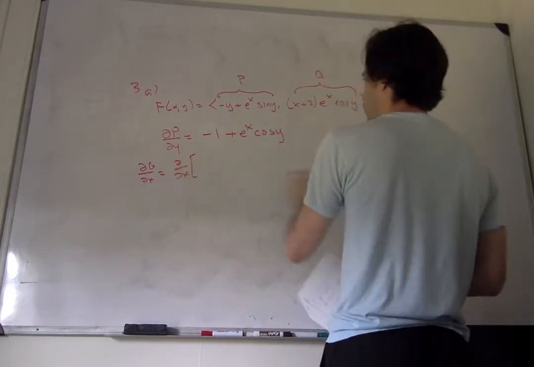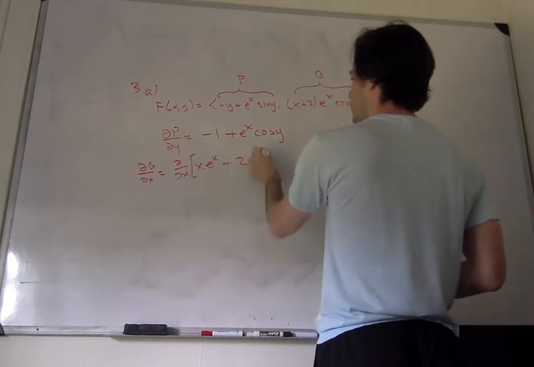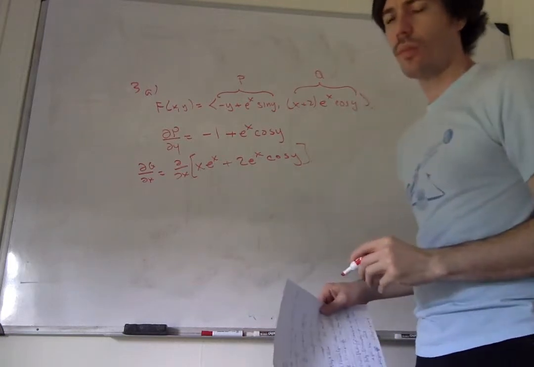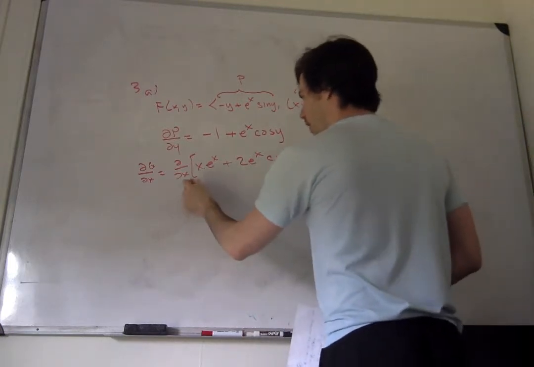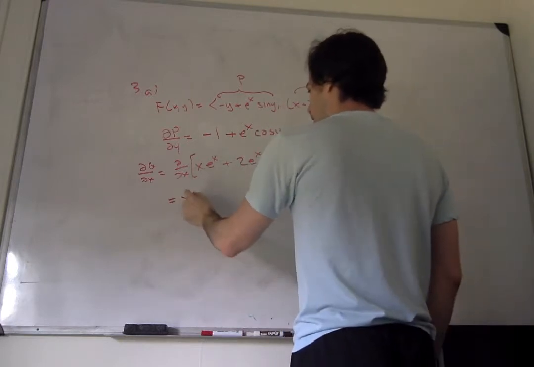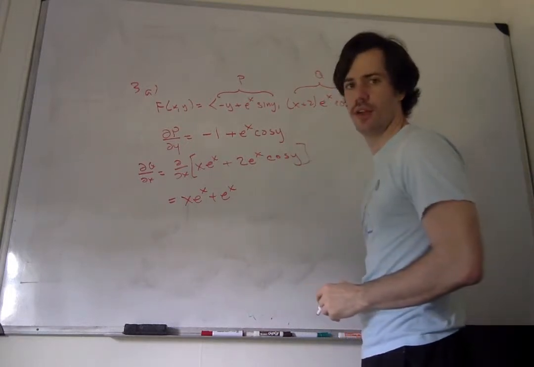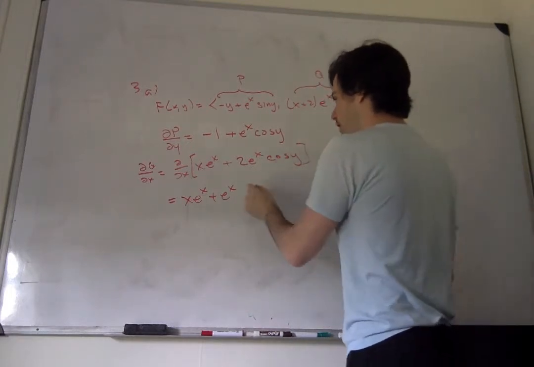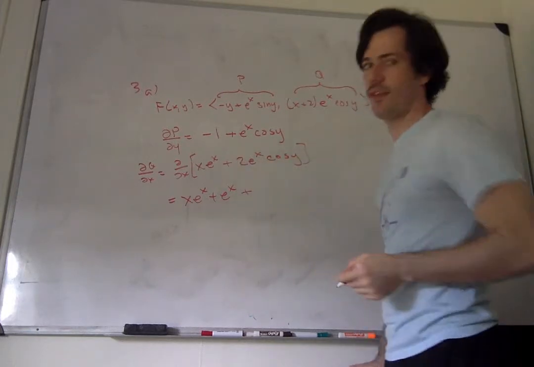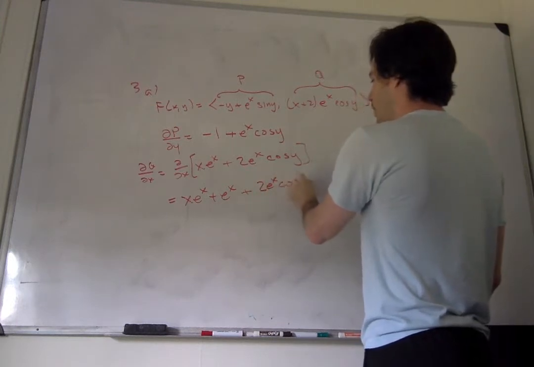I'm going to act on this, so let's simplify it: x e to the x plus 2 e to the x cosine y. When I apply the derivative to the first guy, I get x e to the x plus e to the x, product rule. And when I apply it to the second one, 2 and cosine are both constant, so the only thing I take a derivative of is e to the x, and so I get e to the x cosine y.